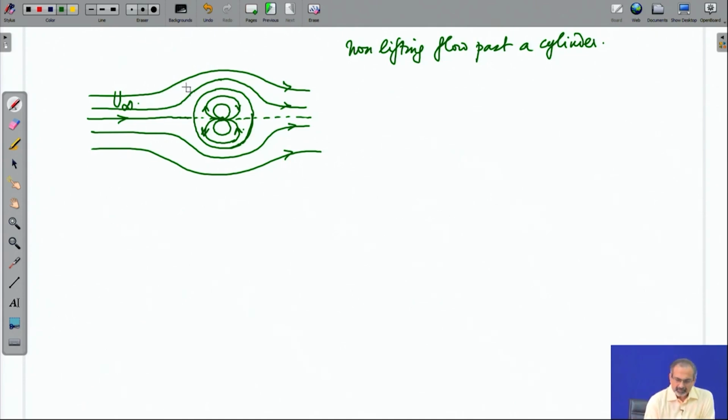Now, you might be wondering what about the radius of this cylinder? How do we define the radius of this cylinder? What is the extent of this cylinder? Of course, the extent of the cylinder is defined by this streamline with the associated stream function psi equal to 0.